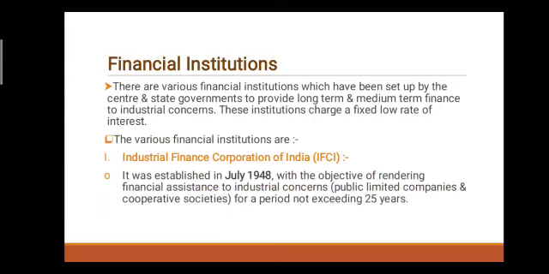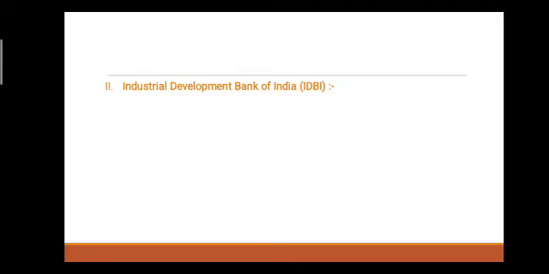It was established in July 1948 with the objective of rendering financial assistance to industrial concerns, public limited companies and cooperative societies for a period not exceeding 25 years. Second, Industrial Development Bank of India (IDBI).